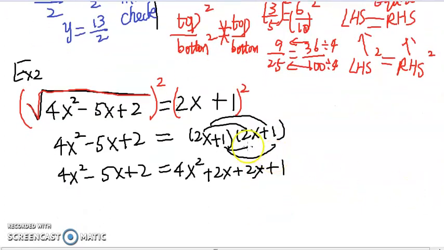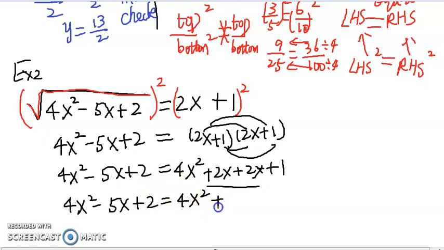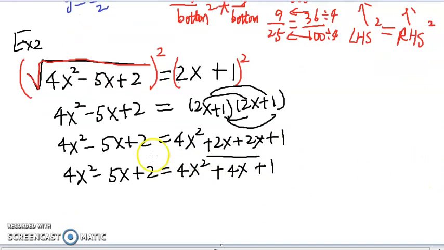Now let's combine like terms. Let's go ahead and combine the like terms on the right-hand side first. So we have 4x squared, and these two can be combined, plus 4x plus 1. Now, what do we do next? Notice this has an x squared. We still have like terms that we can combine. So always try to combine as much as possible. This and that are like terms, and these two are like terms.